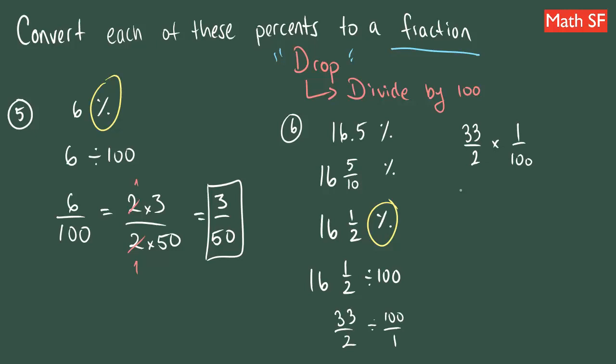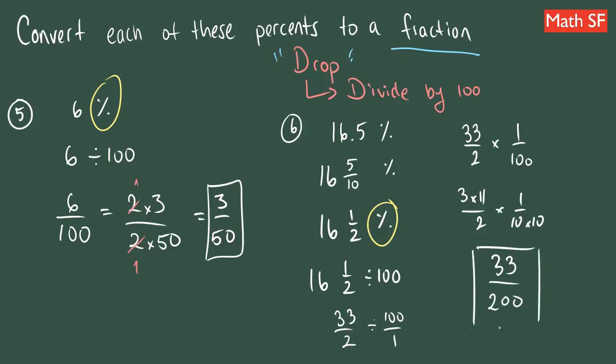Now let's recall that 33 is 3 times 11, and this 100 could be 10 times 10, and each 10 is 2 times 5, but see that they don't have any factor of 3 or 11 in common, so we should just straight multiply that. 33 times 1, which is 33, over 2 times 100 is 200, so your final answer should be 33 over 200.